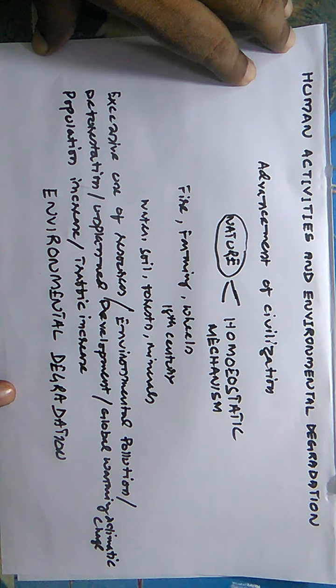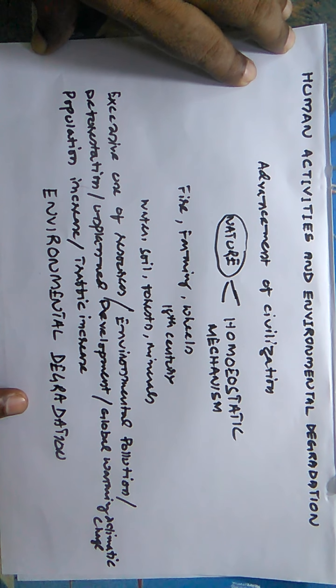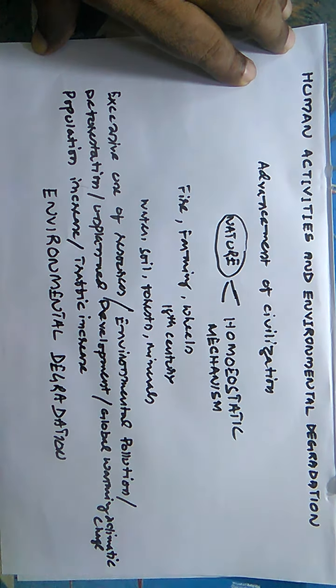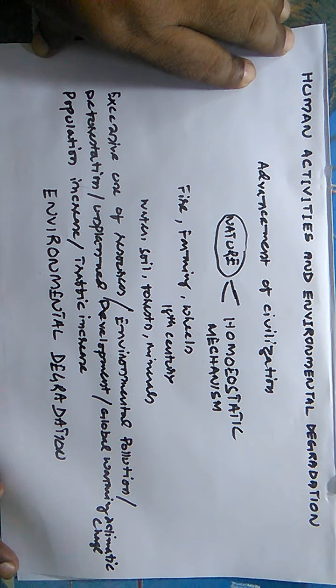Elements of the environment like water, air, soil have been affected by such environmental degradation. In fact, the environment always has a certain limit which cannot be exceeded, but as a result of the development processes that have taken place throughout the world, we have exceeded that limit, or we have exceeded the homeostatic mechanism, and it has created lots of problems.